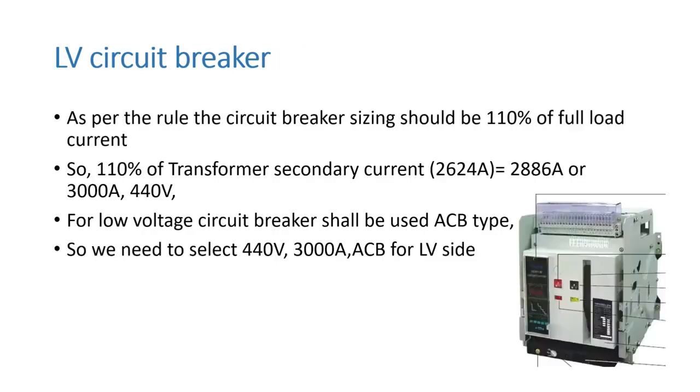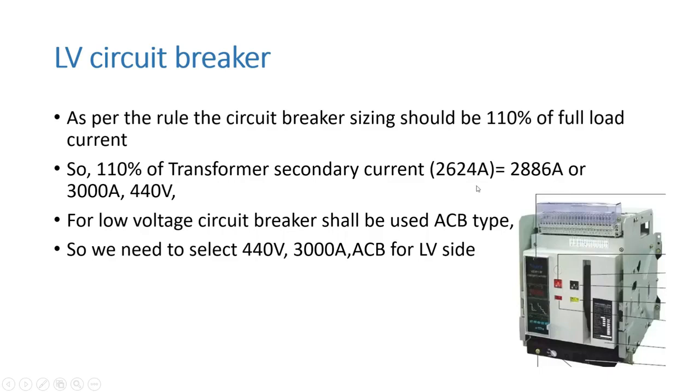For the LV side current rating, as per the IEC rule, circuit breaker sizing should be 110% of the full load current, that is, the transformer secondary full load current. So 110% of the transformer secondary current of 2624 ampere will be 2886 amps.